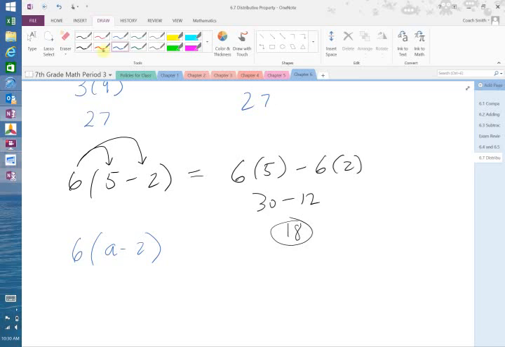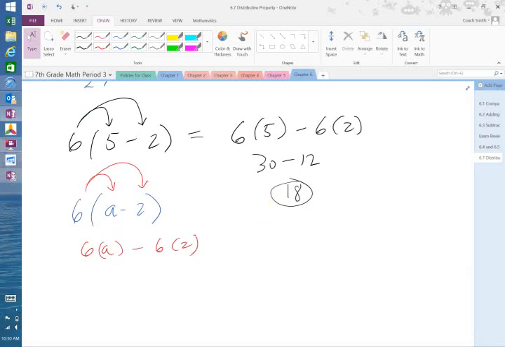Simplest form would be to take this and distribute the 6 to both things and get 6 times a minus 6 times 2, and that gives me 6a minus 12. And that is the problem simplified in lowest terms.